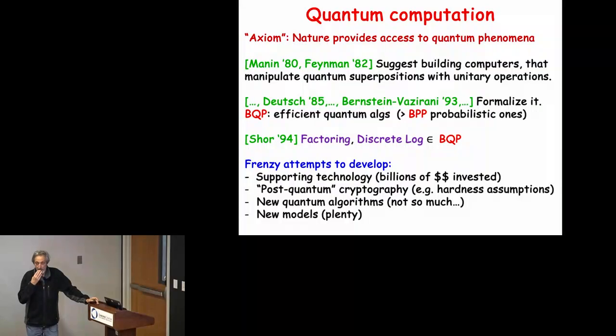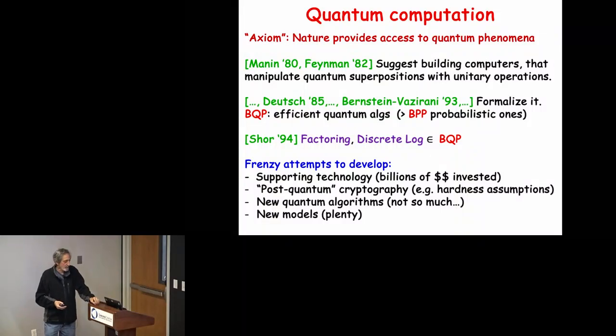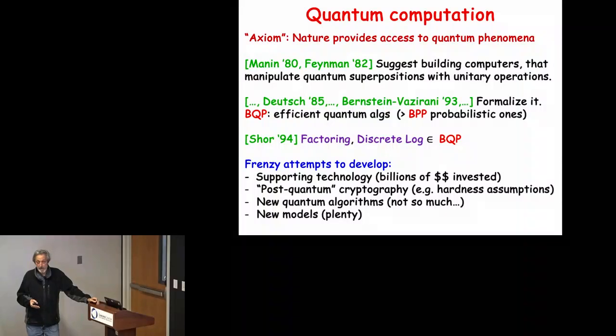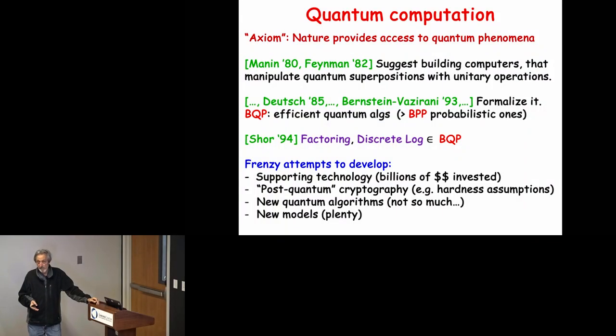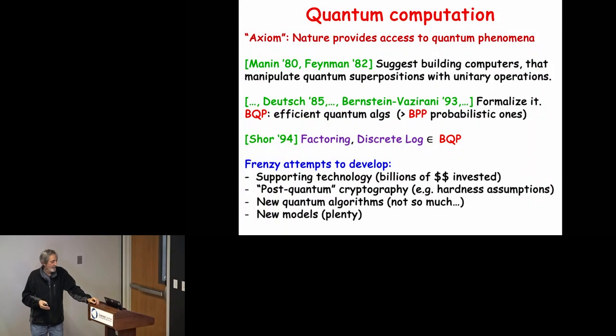First of all, build quantum computers, generate the technology and build general purpose quantum computers. So far, it's been many years, 30 years, and billions and billions were invested and are still being invested by governments and by companies, and yeah, we still don't have it.